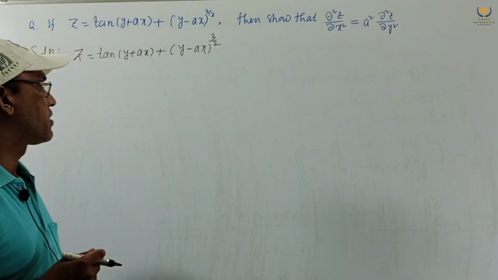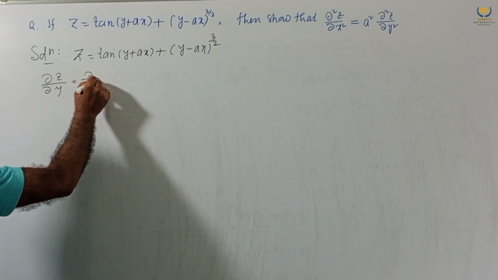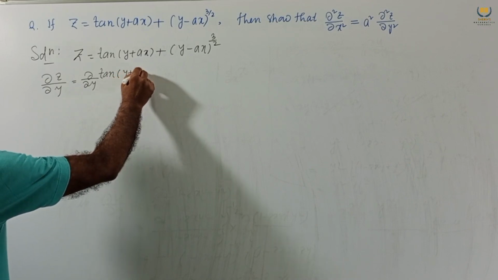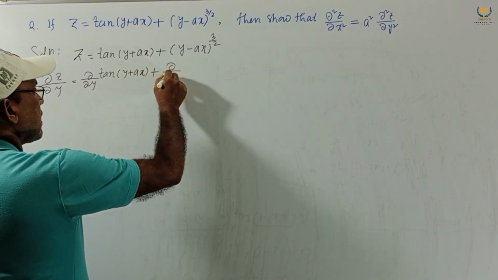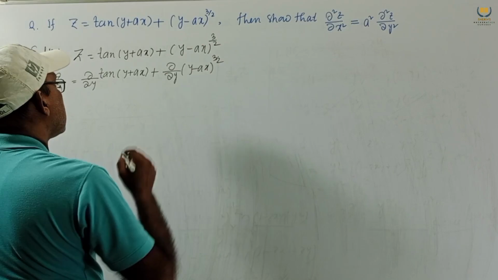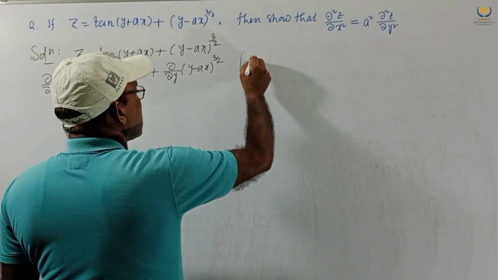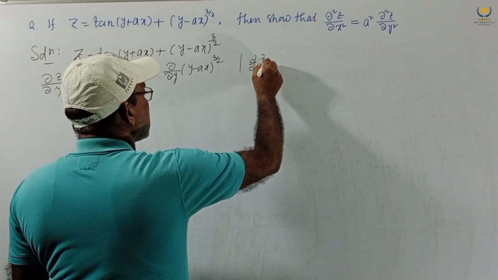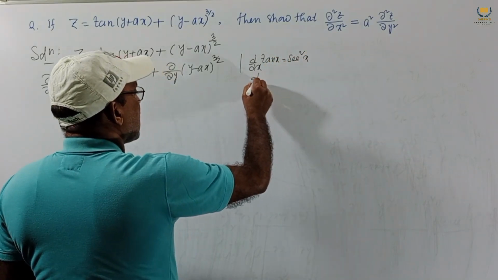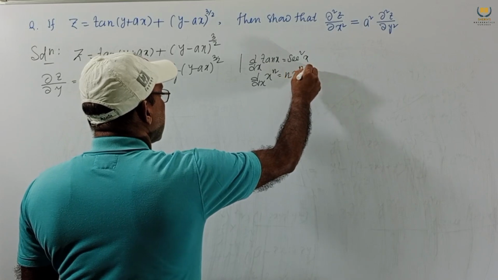We differentiate partially with respect to y. Del z del y equals del del y of tan of (y plus ax) plus del del y of (y minus ax) whole to the power 3 by 2. We get this. So we know this formula, d dx of tan x is sec square x, and d dx of x to the power n is n x to the power n minus 1.